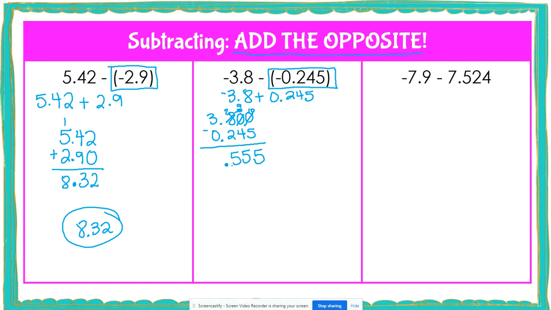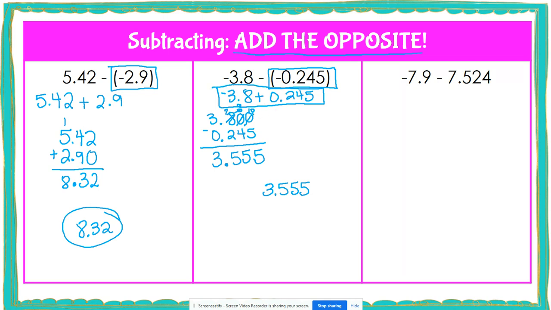I'm going to bring down my decimal, and 3 minus 0 gives us 3. So when I subtract, I get 3.555.